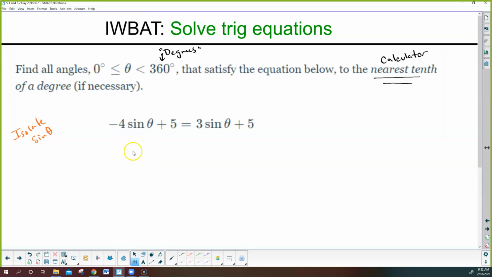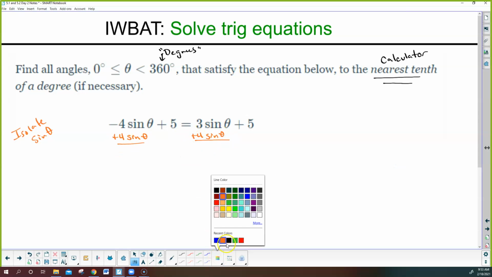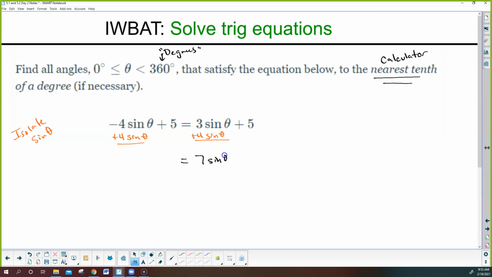Now, it doesn't really matter. I'm a fan of trying to get the sine values positive. So I'm going to move the 4 with addition. I'm going to add 4 sine over to the right side. So that'll be 7 sine of theta.